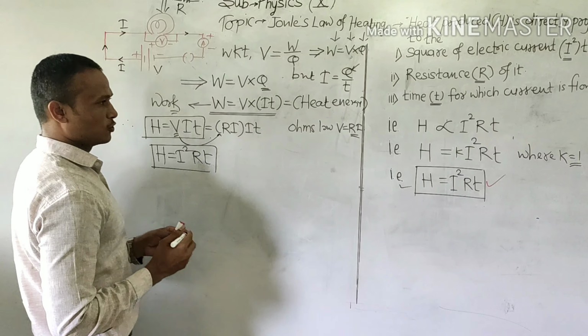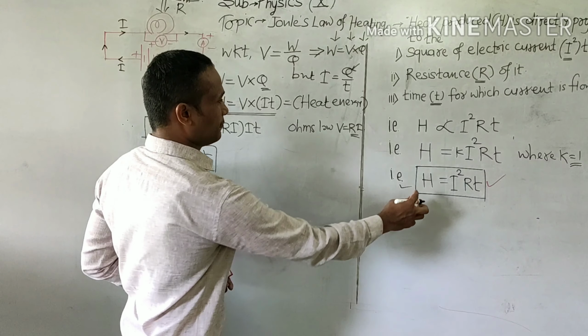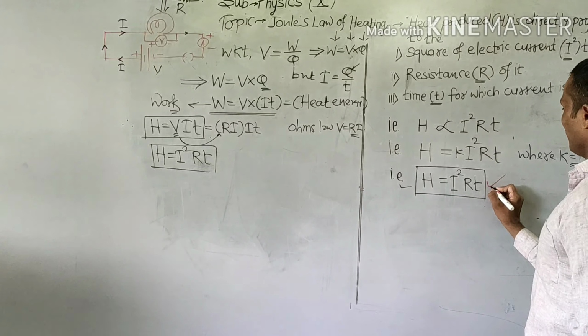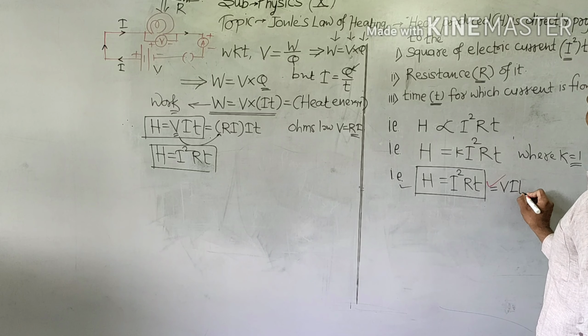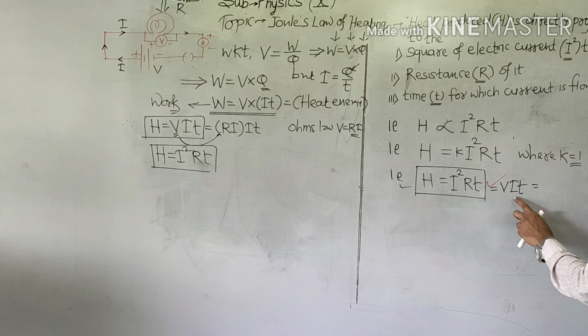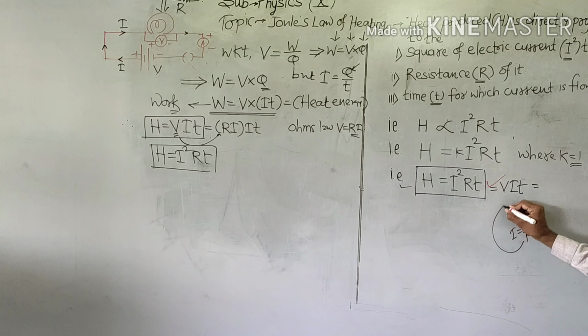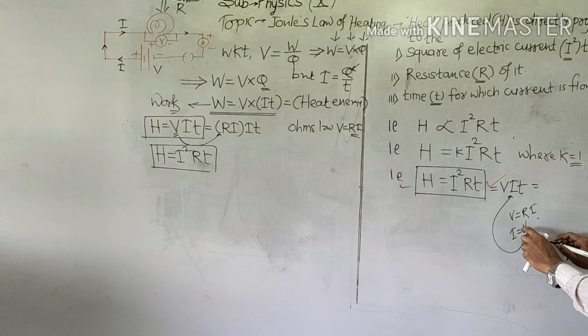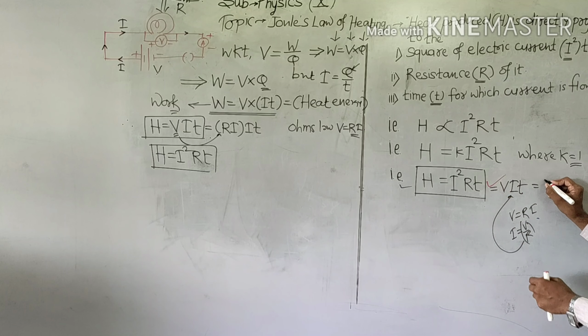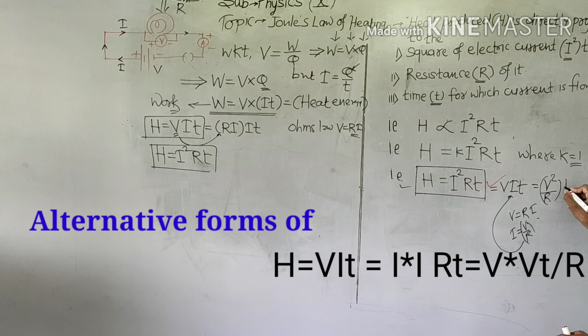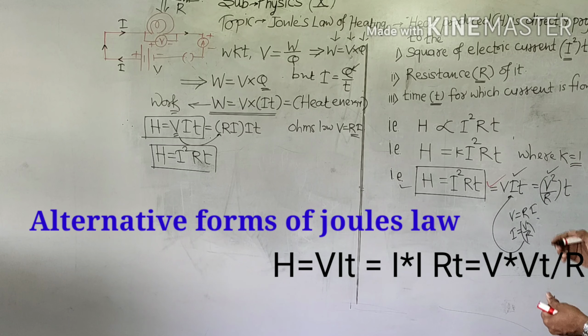Now, let us go for the applications. So we understand heat produced can be I square RT or else VIT. If you replace the value of I from Ohm's law, V is equal to RI, so I can be V upon R. If you replace this I over here, V into V upon R will be V square by R into T. So this is how we can have Joule's law in its various forms.